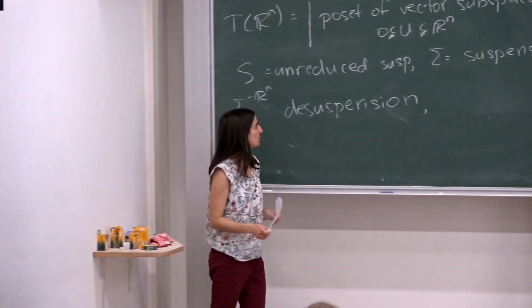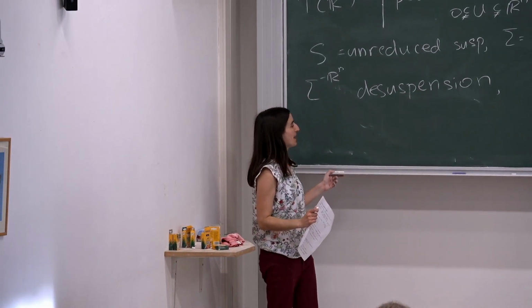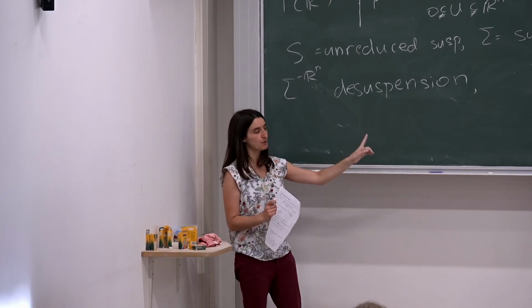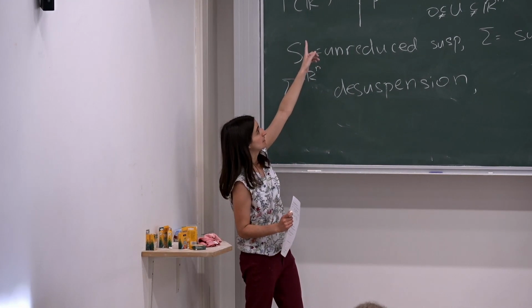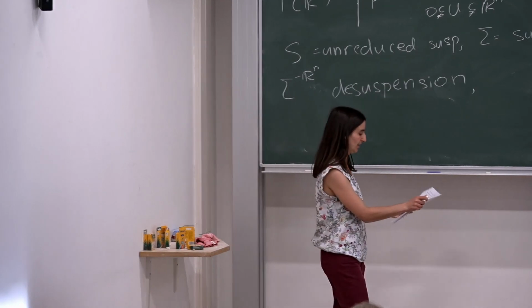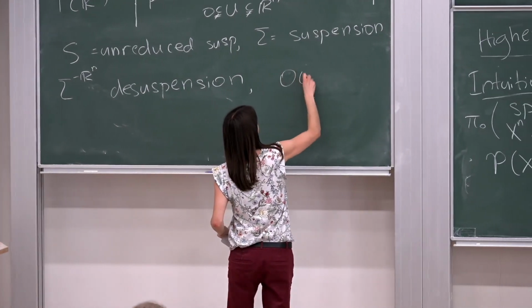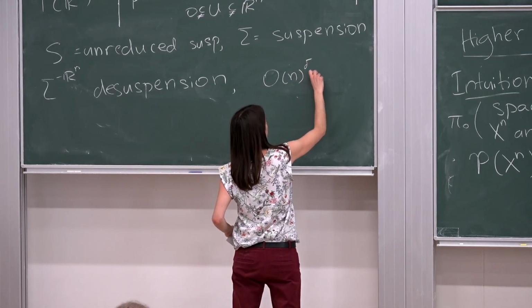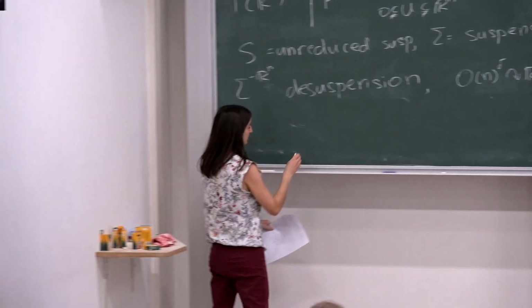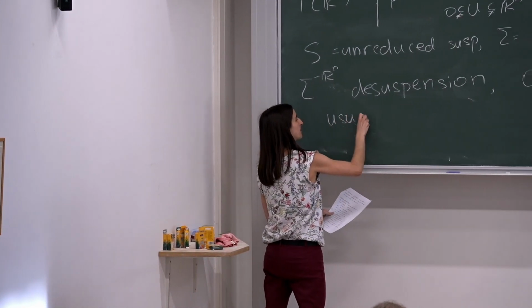The reason that I wrote it as sigma minus R^n and not just sigma minus n is because I want to emphasize that this orthogonal group is acting on R^n. So the orthogonal group with the discrete topology is here acting on R^n by the usual action.